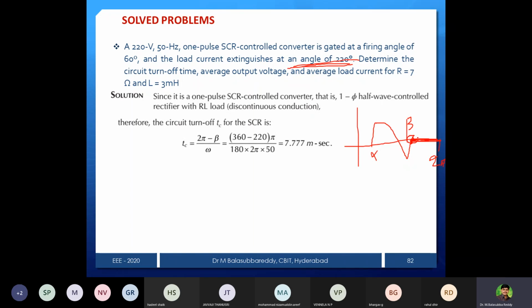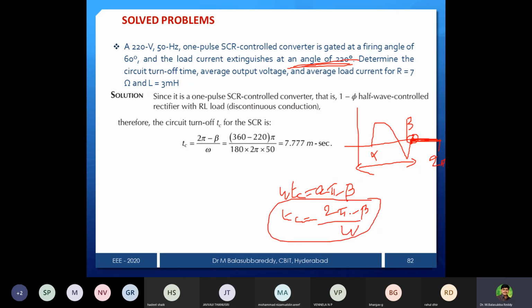The 2 pi minus beta gives the turn off time, omega tc. So the circuit turn off time, tc, is equal to (2 pi minus beta) by omega. This is the turn off time.